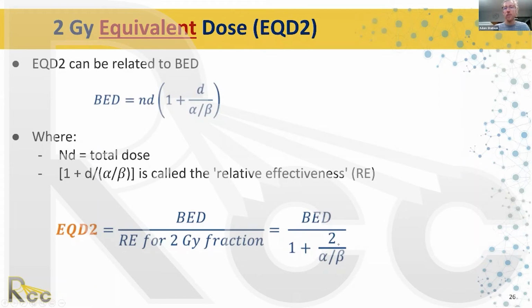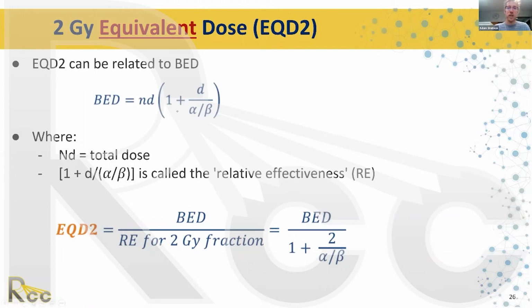And if we want to do it in equivalent dose in 2 gray per fraction, this just becomes 2 gray. So it's really simple where you can equate BEDs. It's basically a BED for one fractionation. Then you calculate a BED for equivalent dose in 2 gray per fraction and solve for the variables. And you're left with this: EQD2, the total equivalent dose in 2 gray, equals BED divided by 1 plus 2 over alpha beta.